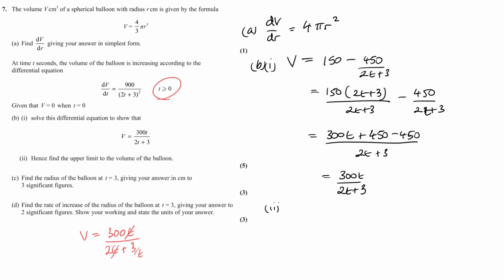So now we're looking at 300 over 2 plus 3 over t. Now, as t tends to infinity, 3 over t would tend towards 0. So that means that the volume then would be 300 over 2, which is 150. So my upper limit here for part B is 150. And the units are centimeters cubed.